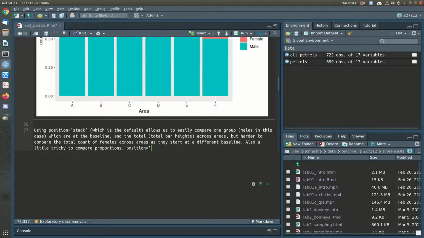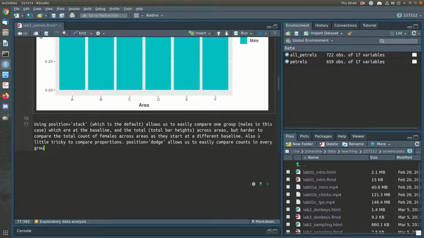Position equals dodge allows us to easily compare counts in every group sex across areas, but hard to compare proportions.